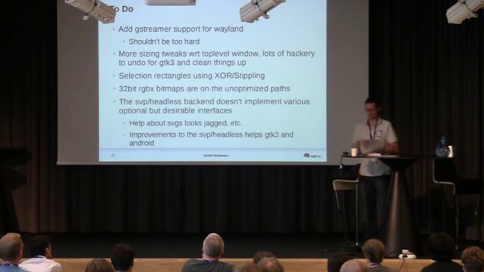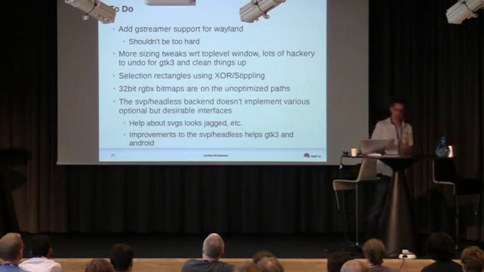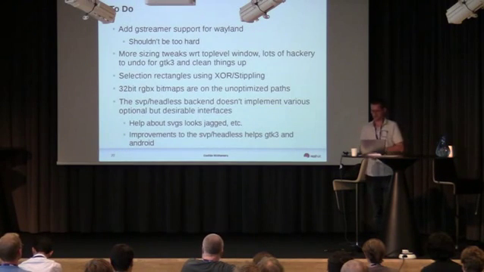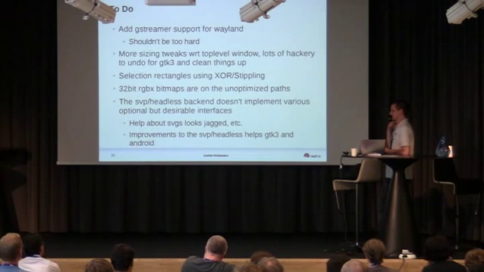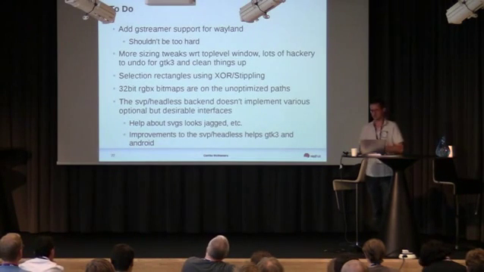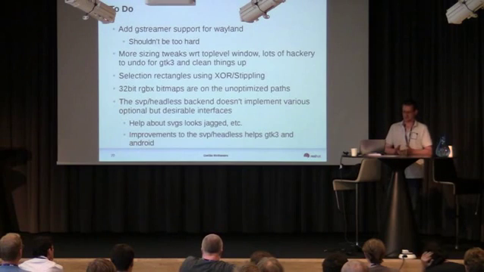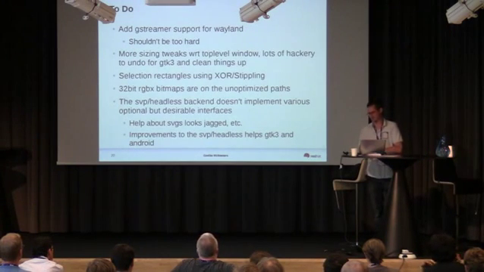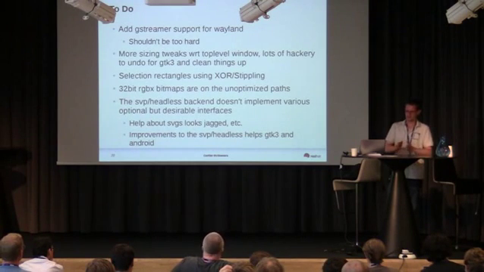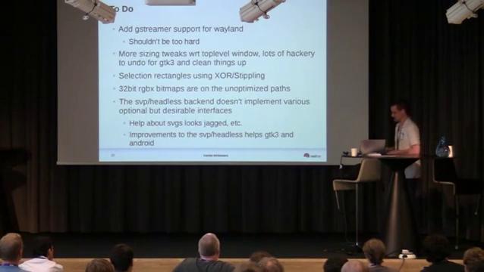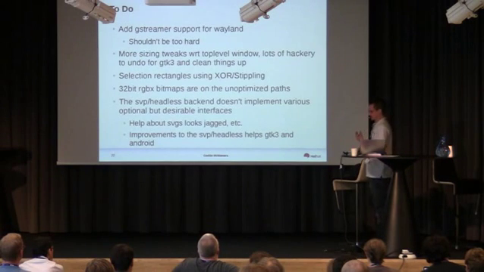So a lot of things aren't implemented fully there. SVGs look a bit jagged, alpha blending isn't complete in a lot of places, and issues like that. So we need to improve the headless backend in order to improve the GTK3 backend. Because the Android backend is also implemented on top of ASBMP, you get two platforms improved for working on one area.